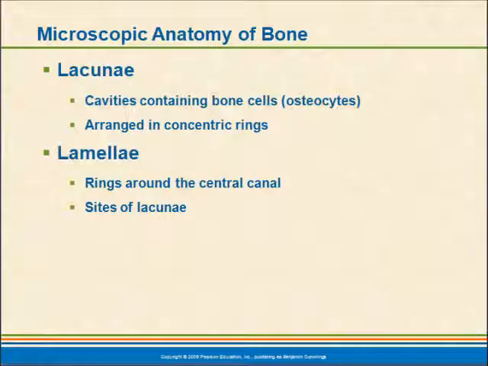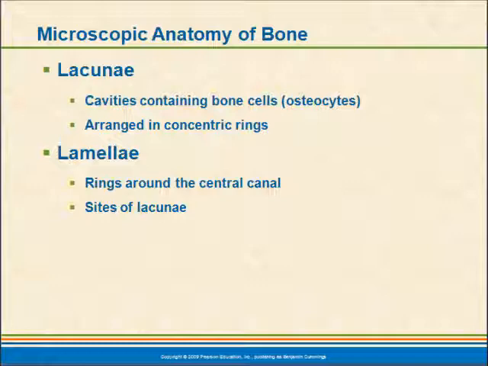Now, the osteon itself has several layers of structure and several terms you should be aware of. Lacunae and lamellae are two terms that start with L. If you were going through the materials on skin, there were a couple of words there that also start with L: lunula and lanugo, also L words.